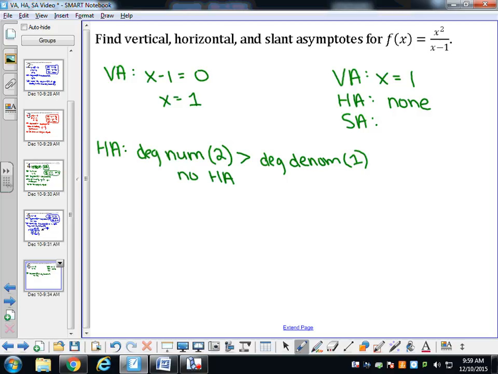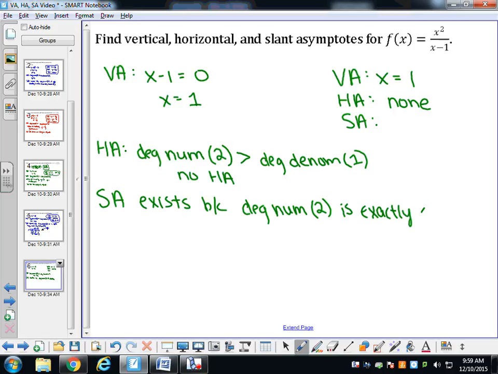Now, I can have a slant asymptote because the degree of the numerator, which is 2, is exactly one value larger than the degree of the denominator, which is 1.